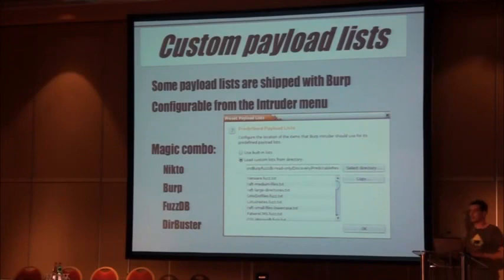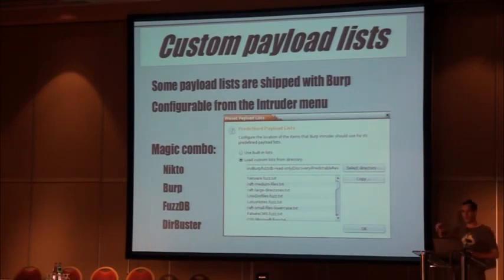Custom payloads. By default, there are some payloads which are shipped with Burp Pro. You have some default user agents, default usernames, default passwords, everything. But sometimes you want to use some other lists, and you can load and go to an external file and import an external file, but it's something like 3 or 4 mouse clicks.